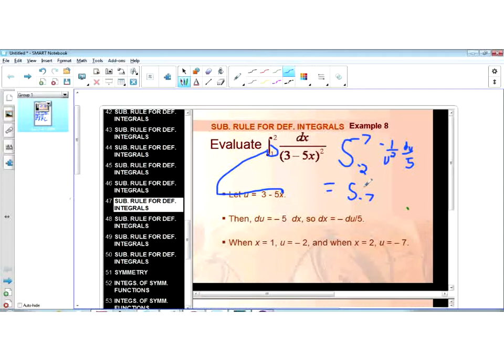If we flipped the limits of integration, we would have to negate the integral, so this negative sign would go away. It would be from negative 7 to negative 2 of 1/5 du over u squared. That's how we can evaluate that. That'll be shown in the next slides.